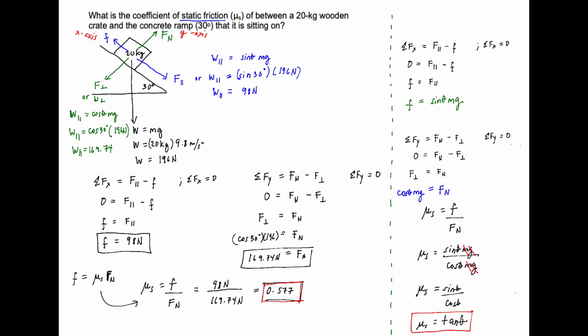So the shortcut here, if you want to solve immediately for the coefficient of static friction, just press tangent of whatever that angle is, tangent of 30 degrees. If you press that in your calculator, that would be equal to 0.557. Of course, that would be 0.58 for two significant figures. And that's it for problem number 1.